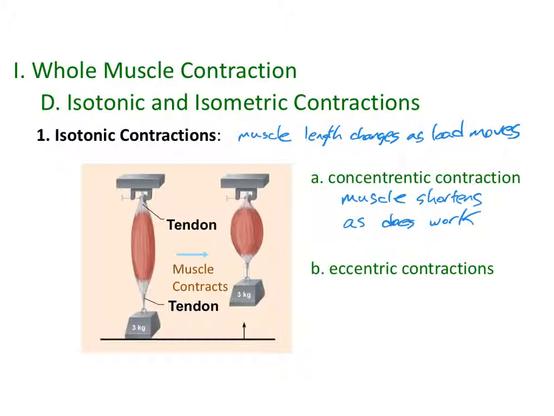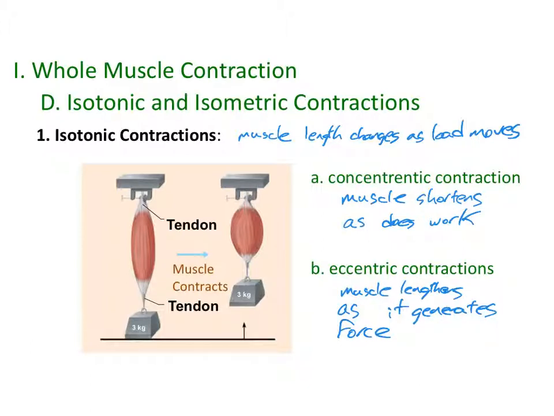Eccentric contractions, on the other hand, are ones where the muscle lengthens as it generates force. The way to think of an eccentric contraction is one that's resisting elongation, because muscle force is only generated in the contractile direction, so the shortening direction.